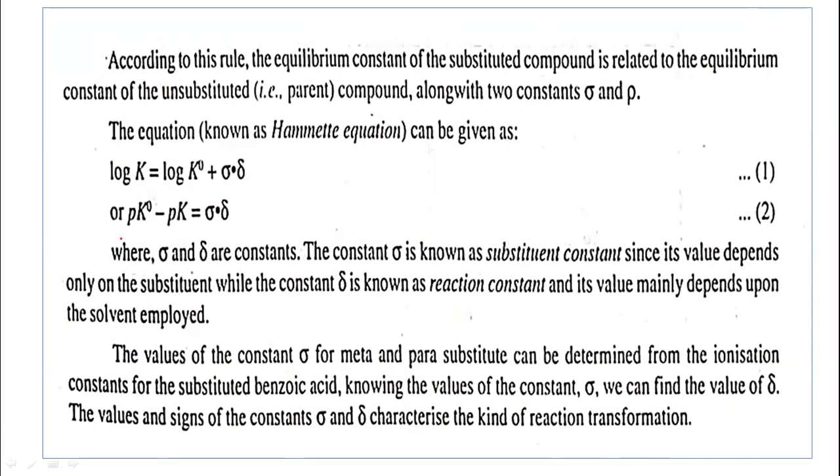Or the same equation can also be written by taking the negative sign on both sides: minus log K equals minus log K0 minus sigma into rho.